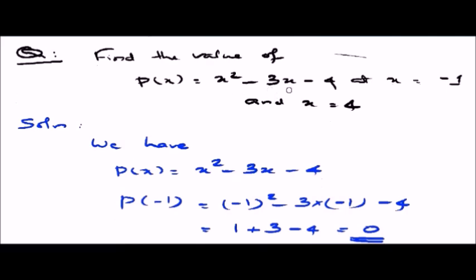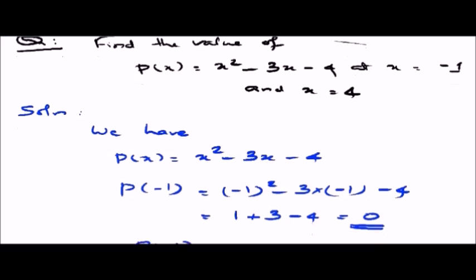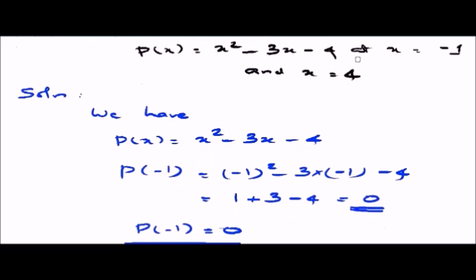Then a simple question. Find the value of p of x equal to x square minus 3x minus 4 at x equal to minus 1 and x equal to 4. So we want to find p of minus 1 and p of 4.